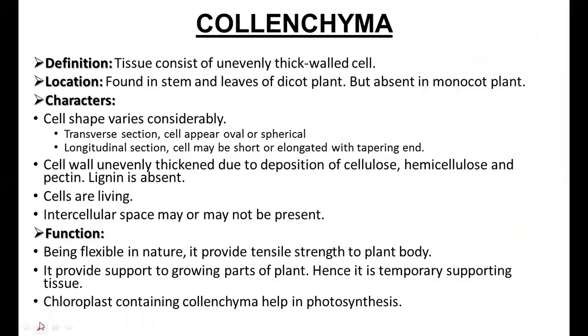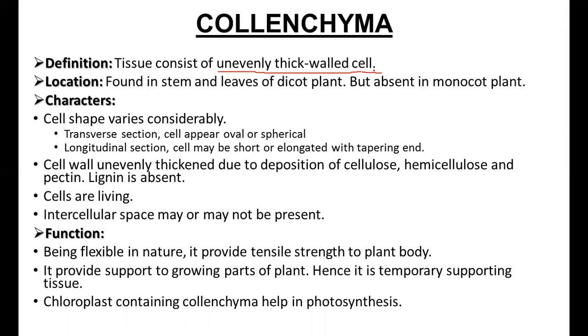Now the next tissue is collenchyma. By definition, collenchyma is a tissue that consists of unevenly thick walled cells. This unevenly thick wall also denotes that the cell wall material is not only cellulose; except cellulose, other types of material can also be present in the cell wall.